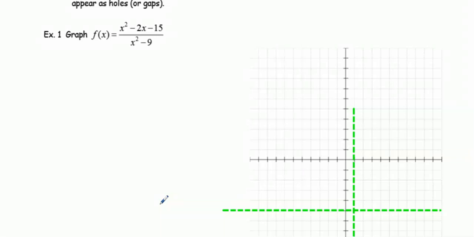Now, I won't normally ask you to graph a quadratic over a quadratic unless we can cancel a common factor and get it down to a linear factor over a linear factor. So let's see if this is factorable.